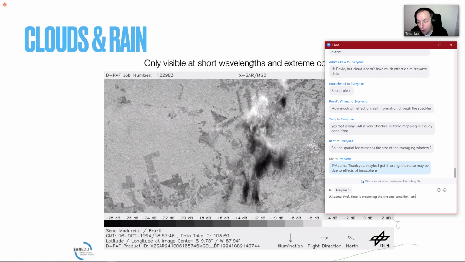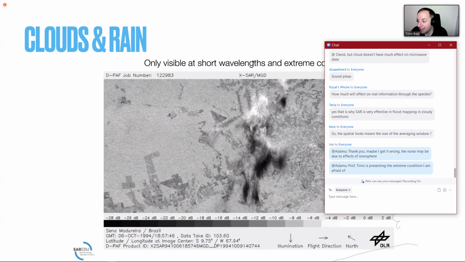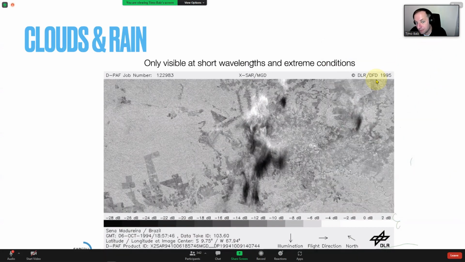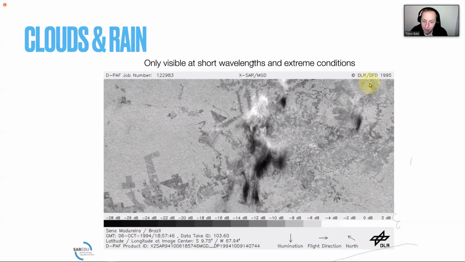If there's strong rainfall with very large raindrops, very dense tropical rainfall, the signal is going to get reflected from that water. That's what you see here. The signal is reflected from the rainfall, the white areas, and behind that you see the shadow. The signal did not go through the rain.